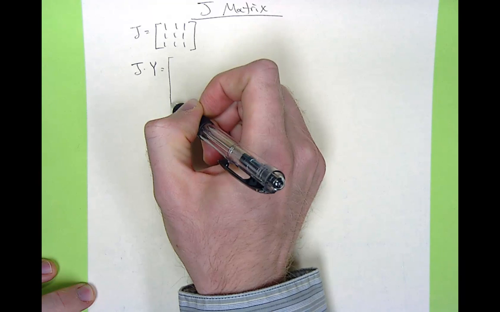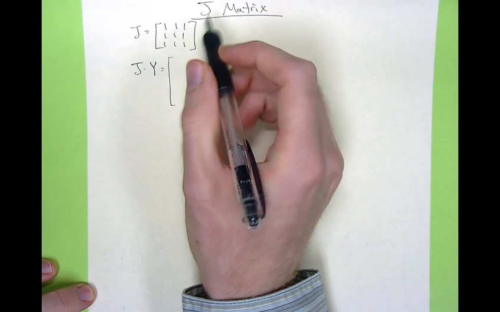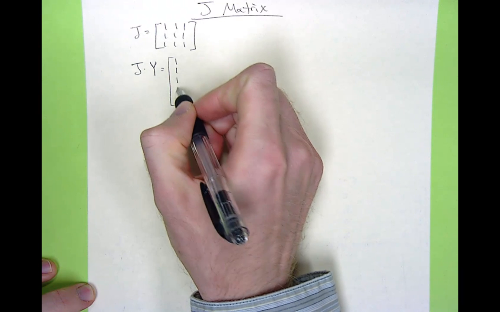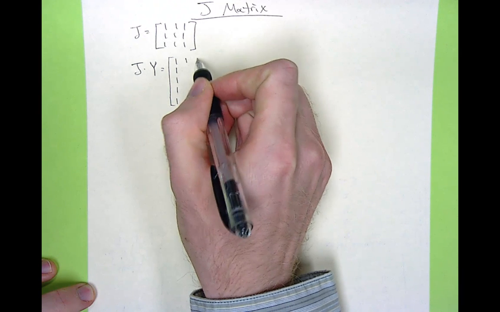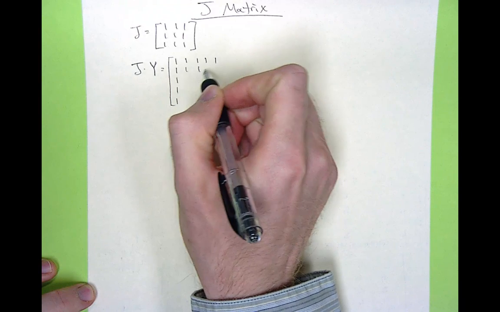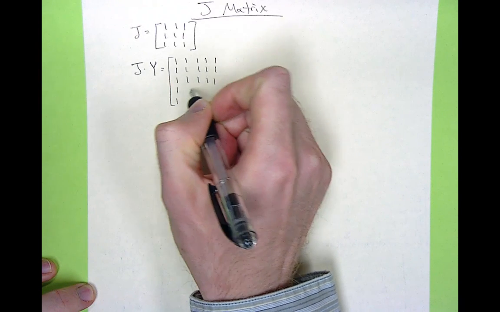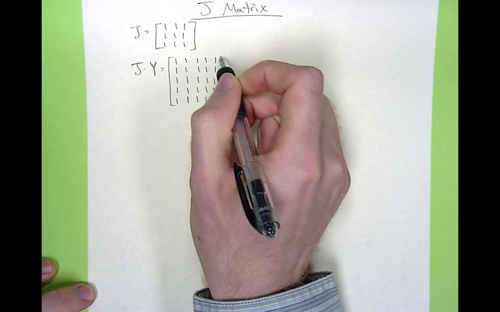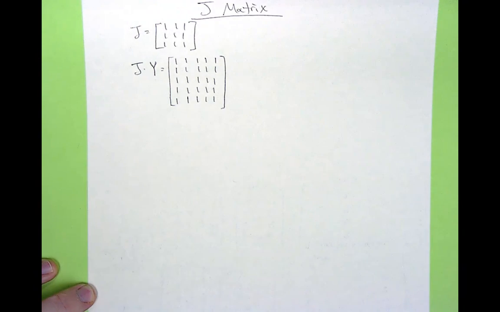And J this time is going to be a 5 by 5 matrix of ones. Doing larger ones of these can make you crazy sometimes.